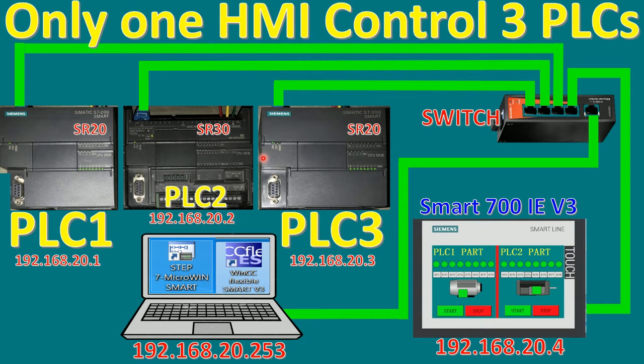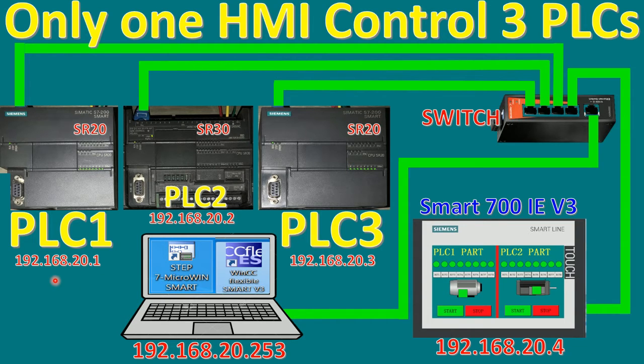And I will connect the Profinet port from those PLCs to the switch and then set the manual IP address of PLC 1, PLC 2 and PLC 3 the same as I show.